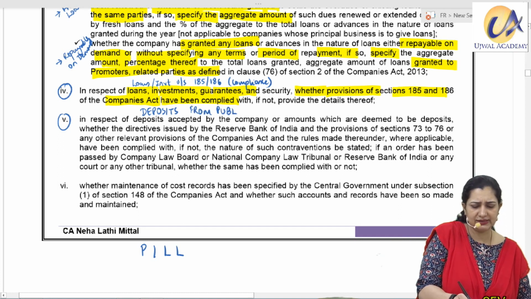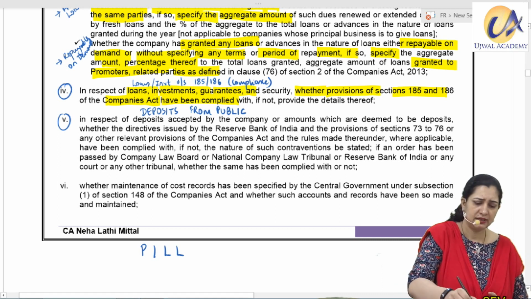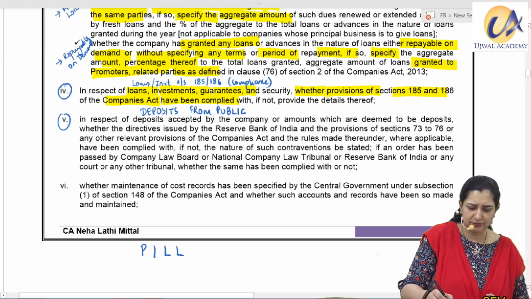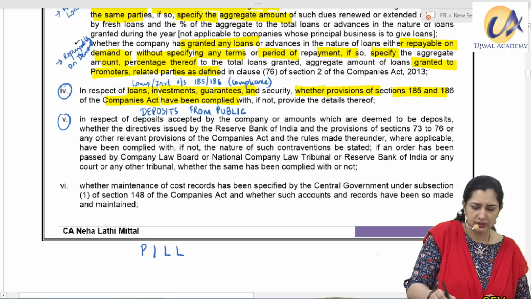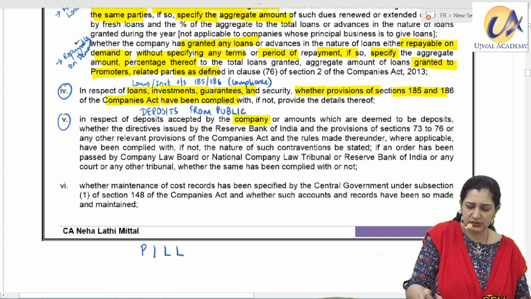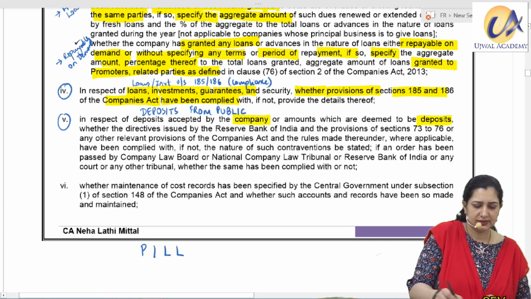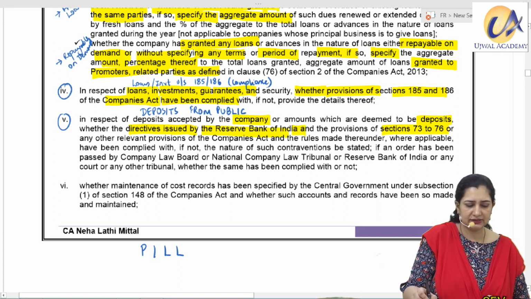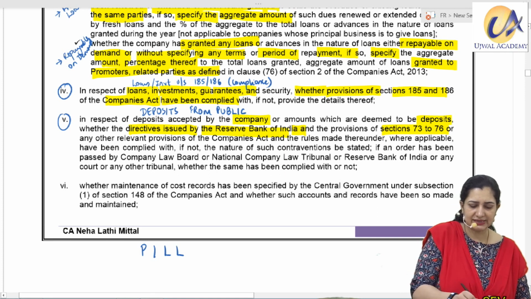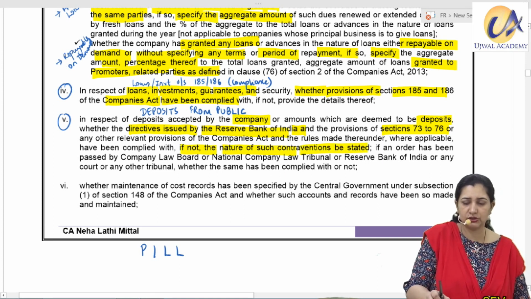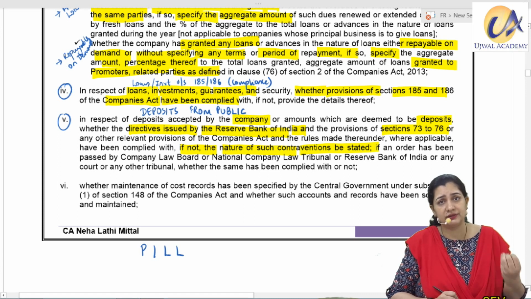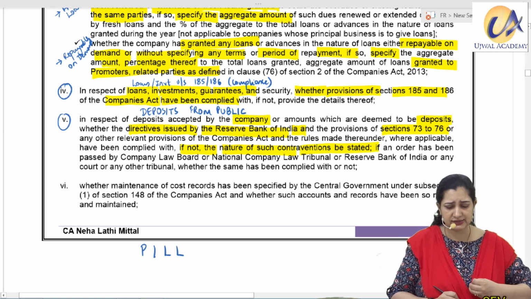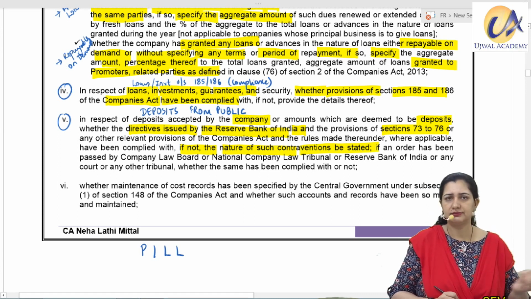Then D, my 5th point is D, deposits from public. This is again a very self-explanatory clause. Has the company taken deposits from the public? Where the company has taken deposits from the public, see whether directives of RBI have been followed and sections 73 to 76 have been followed. If there's any contravention of the sections or the RBI regulations, then we need to report about it.